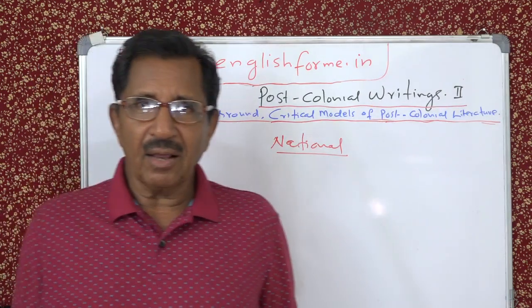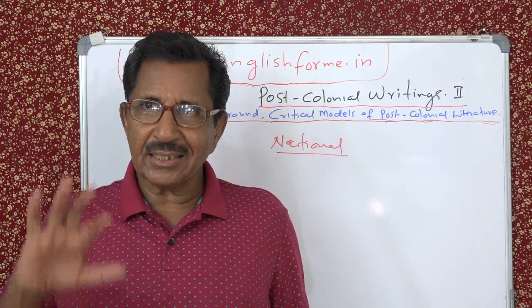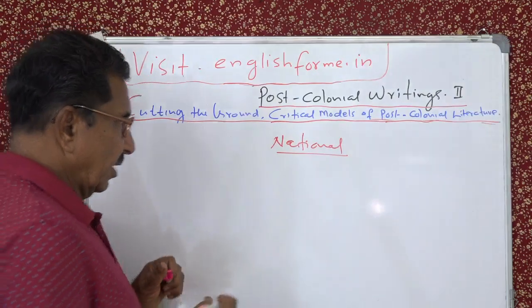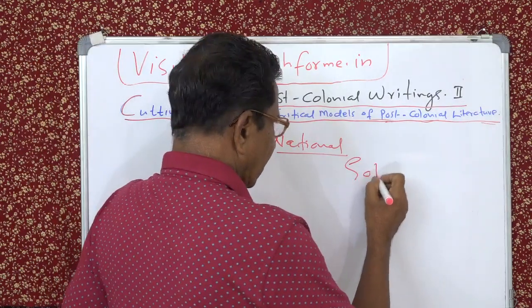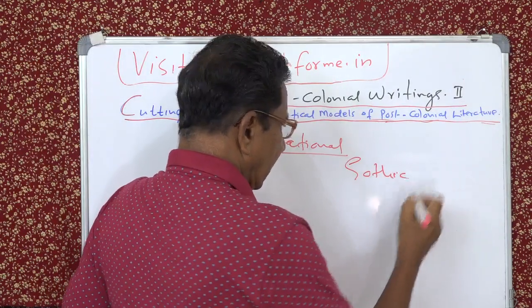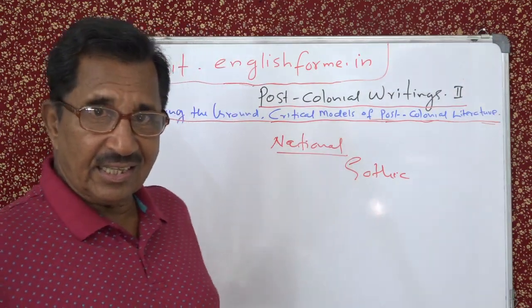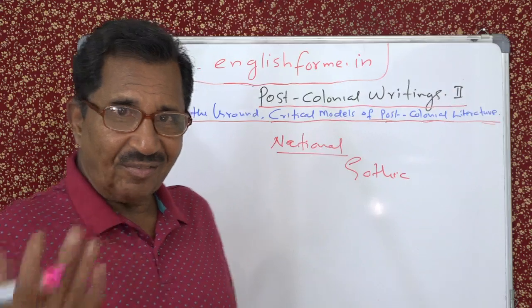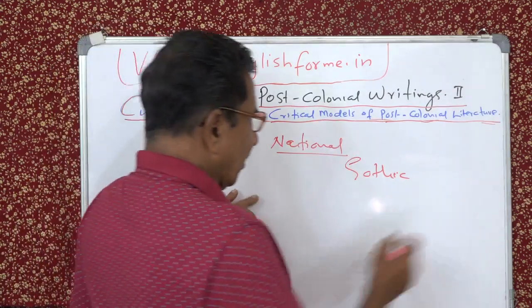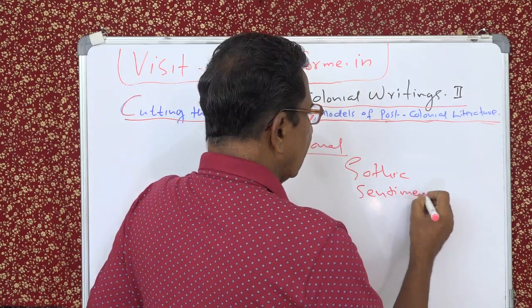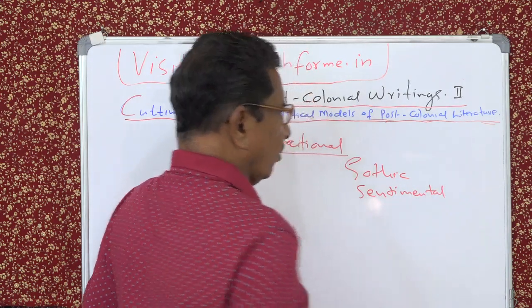To begin with, what they did was, they tried some important forms like the Gothic novel, like Wuthering Heights. Heathcliff and Catherine, the famous characters, Gothic type and sentimental type of novels.